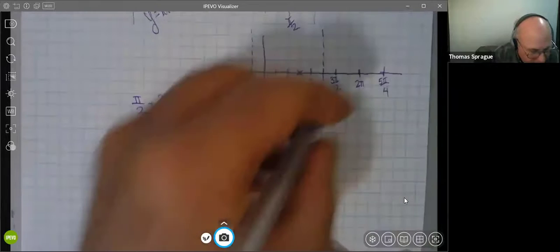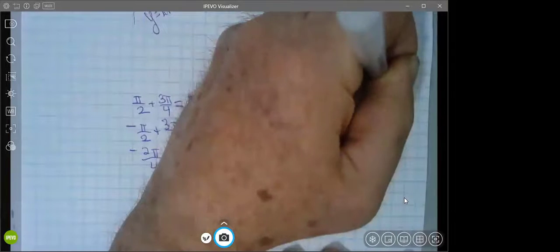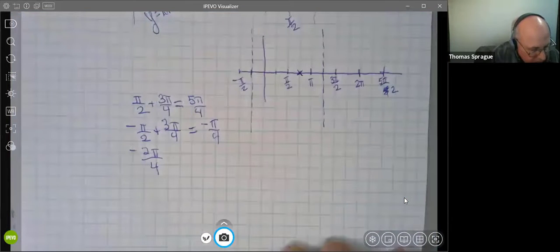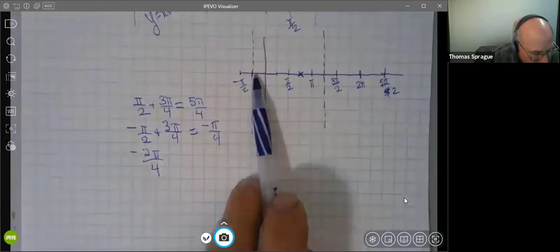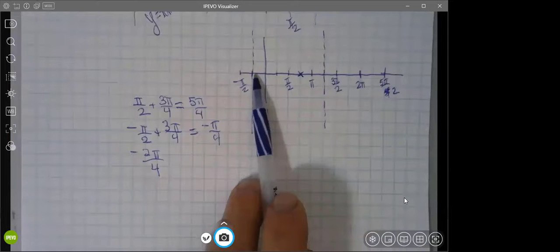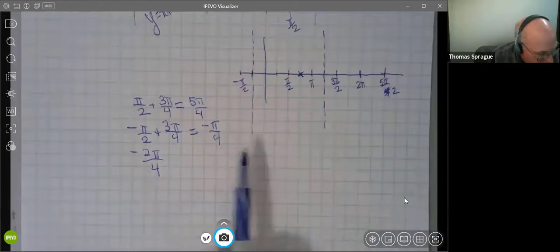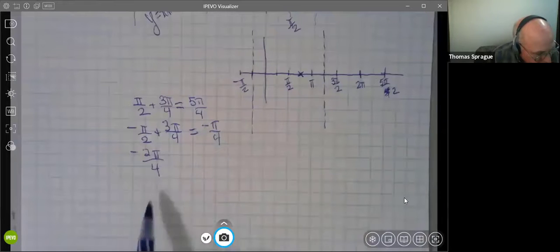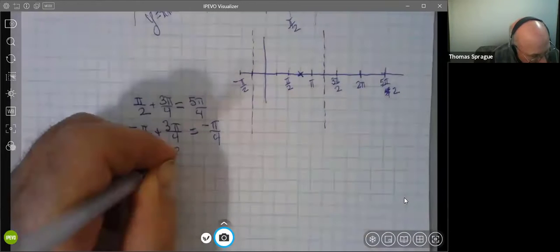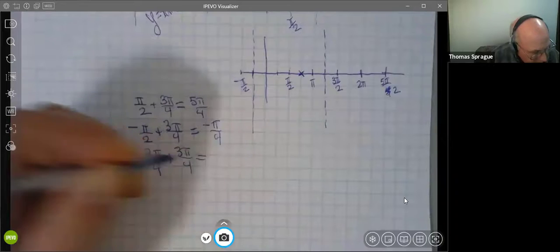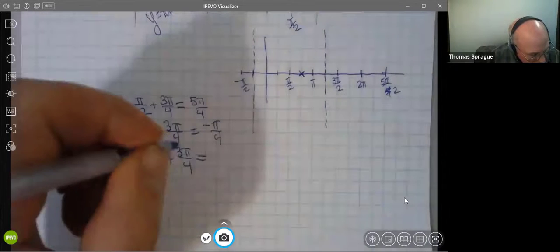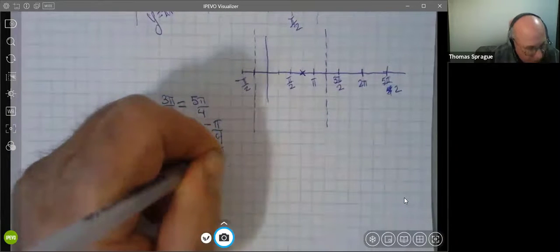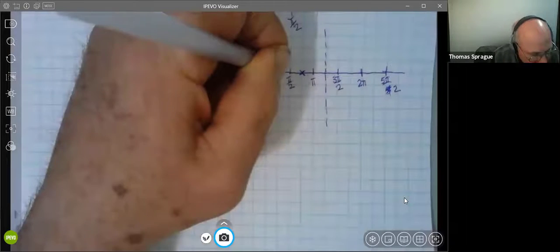Oh, yes. Wouldn't that be 5 pi over 2? Yes, it is. But this is what's bothering me. Maybe I'm okay here. Oh, this is plus pi over 4. All right. I believe that.